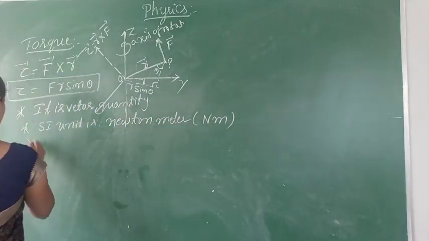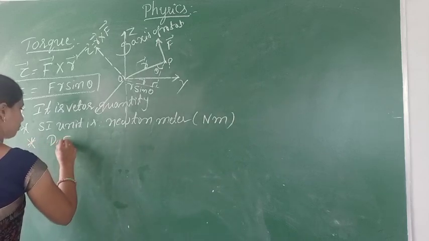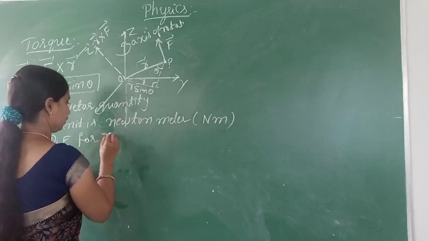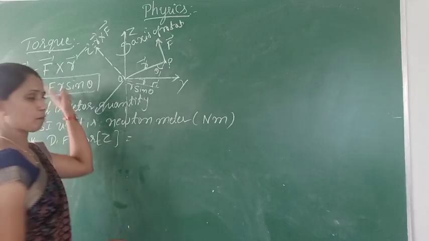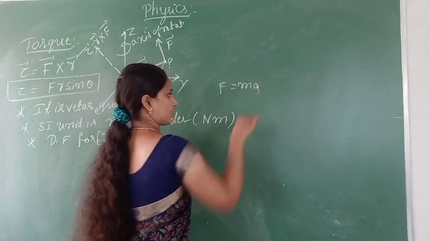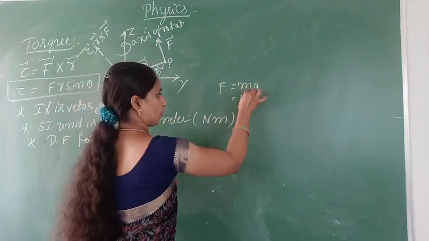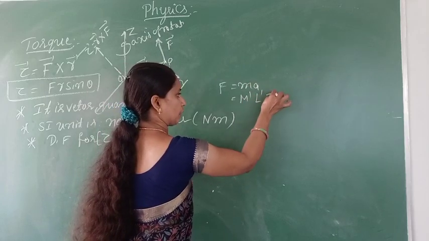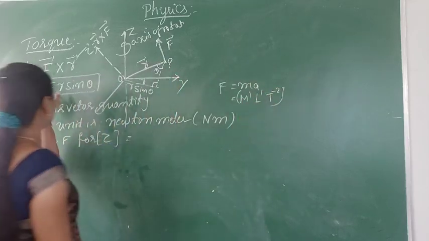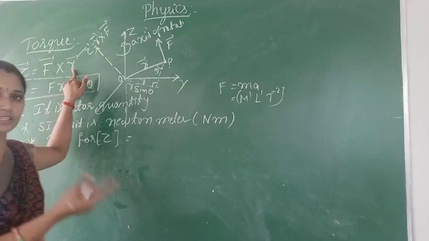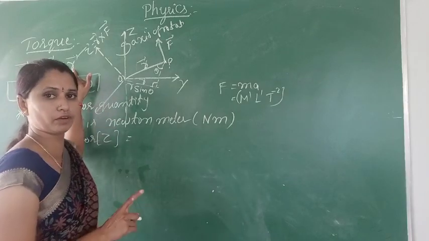Then the dimensional formula. We already know that force F is equal to mass into acceleration. Mass is M power 1, and the dimensional formula for acceleration is L power 1 T power minus 2. Torque tau is equal to force into perpendicular distance, and distance is expressed as L power 1.